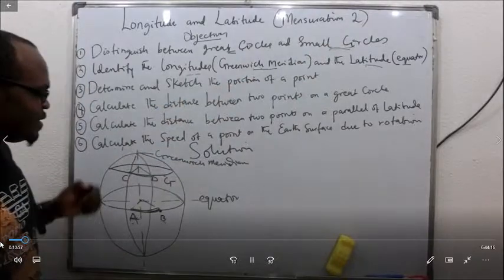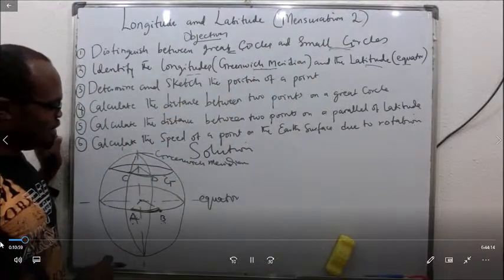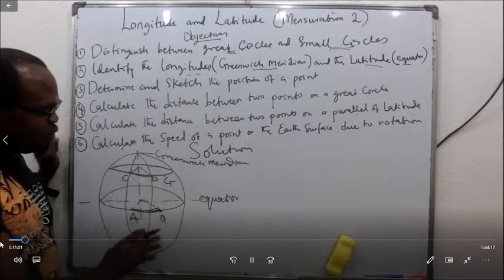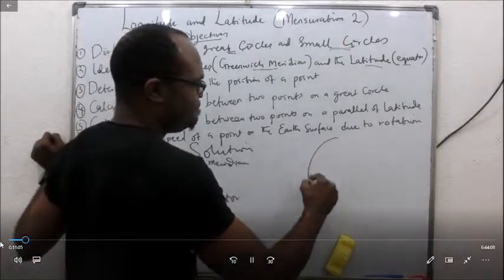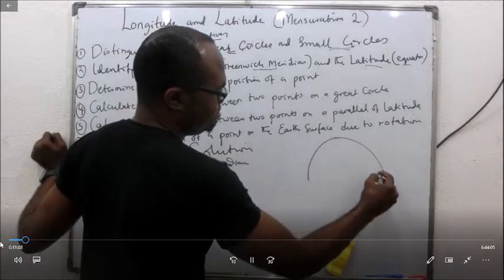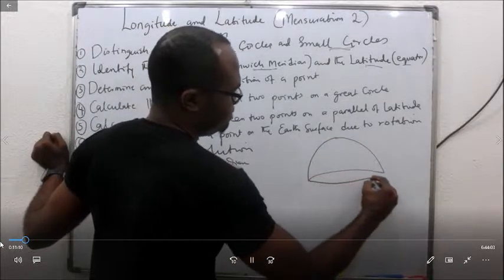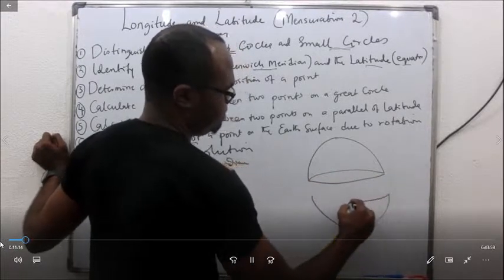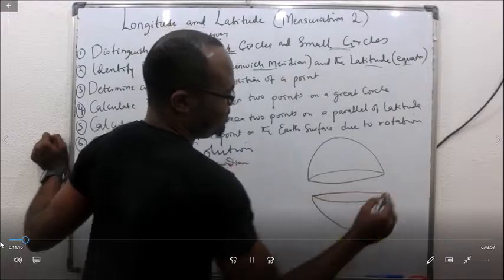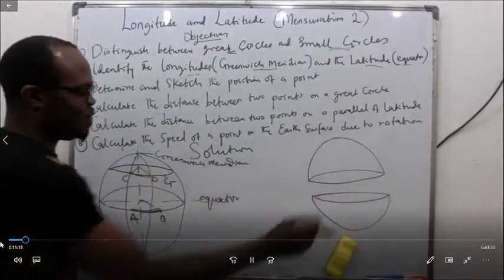And I said that a great circle is any circle through which when you cut the Earth, you can have equal parts. Let's say you cut the Earth through the equator, you'll be having something like this. If you cut through the equator, you have two equal parts.